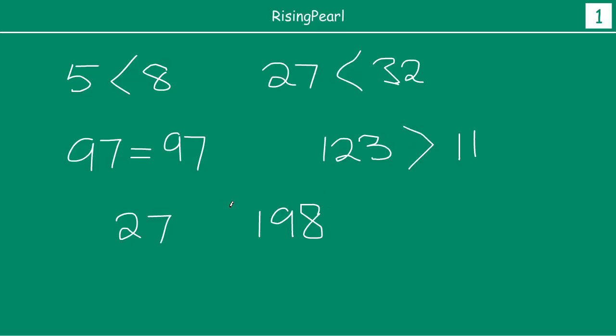In this case they are equal. Here 8 is greater than 5, here 32 is greater than 27, 11 is less than 123, or 198 is greater than 27. So the point is, if we have numbers or numeric values, we can compare them and find out if they are equal, or if one is greater or less than the other.